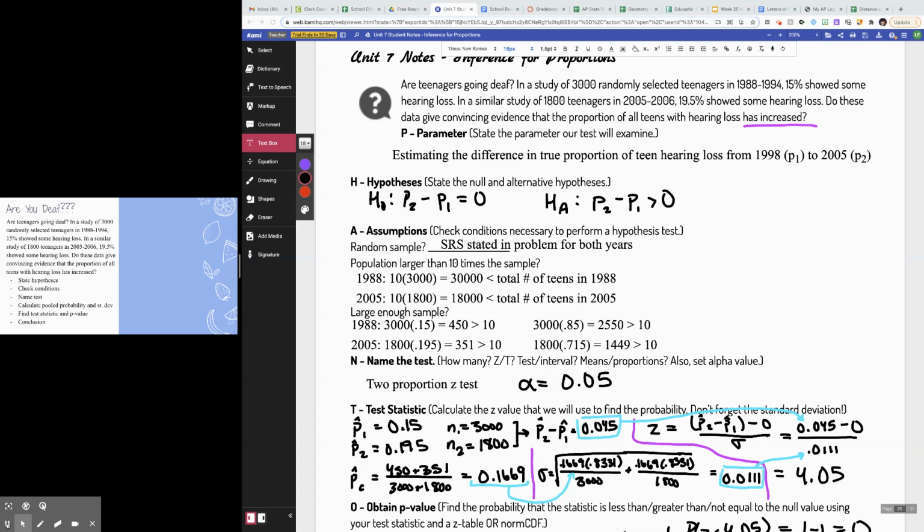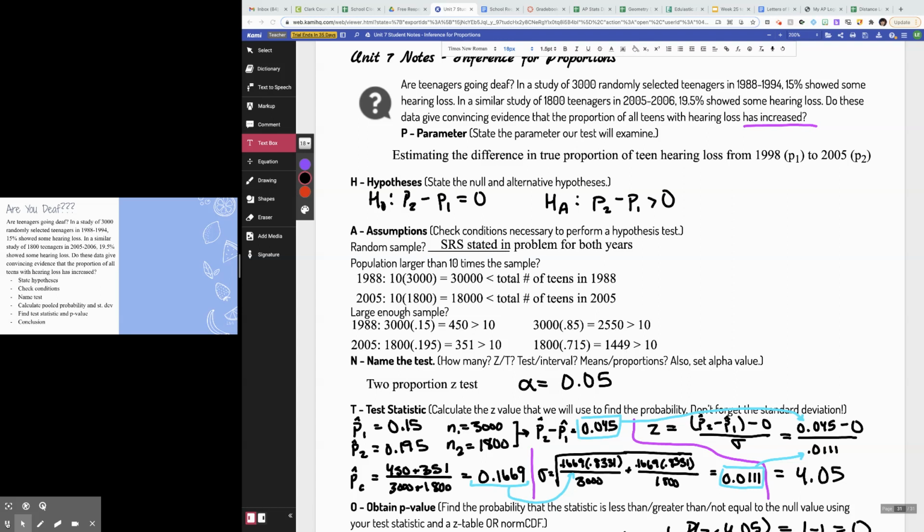The way that I wrote my hypotheses was P2 minus P1 equals 0, and then P2 minus P1 is greater than 0, right? You put the later year first to see if it's increased, and you have a greater than symbol there. So we're trying to see if this true value is greater than 0. That would indicate that we have an increase in hearing loss over time.